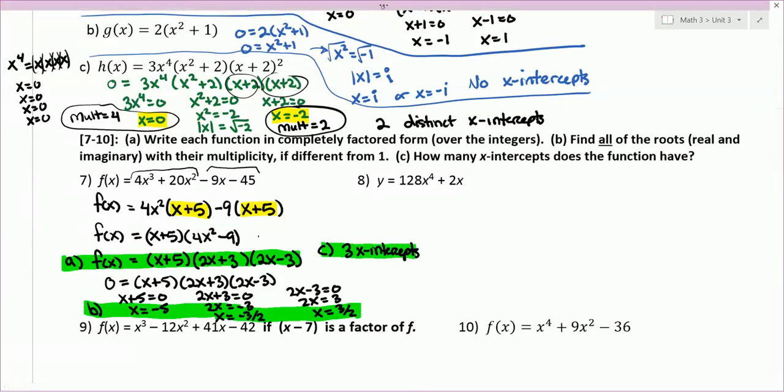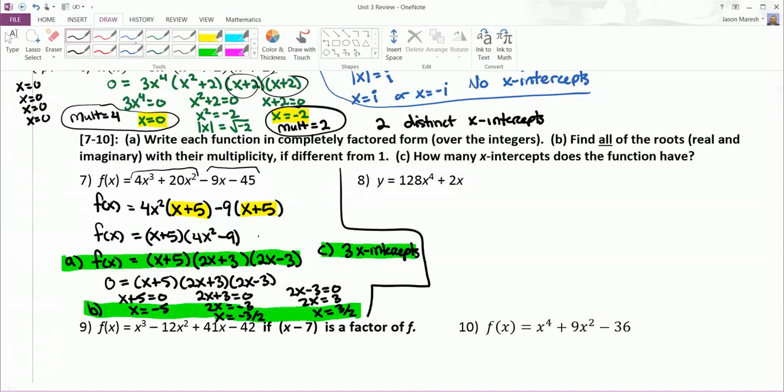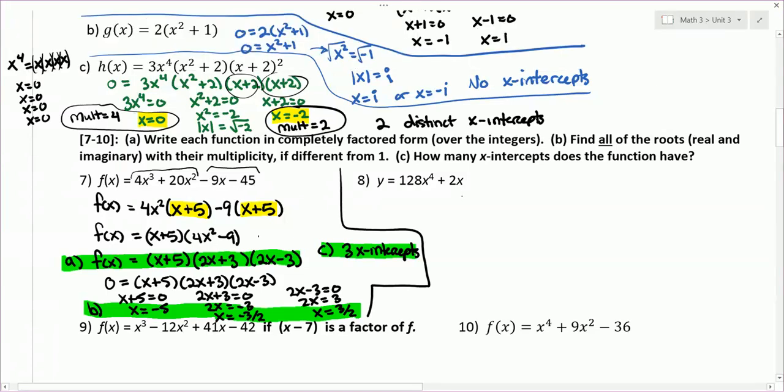Okay, number 8. We're going to first start by trying to factor this. Notice both terms are divisible by 2 and x, so I'm going to factor out 2x. And I'm left with 64x to the third plus 1.